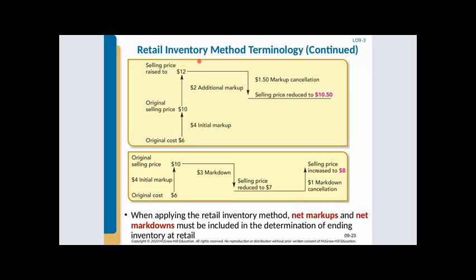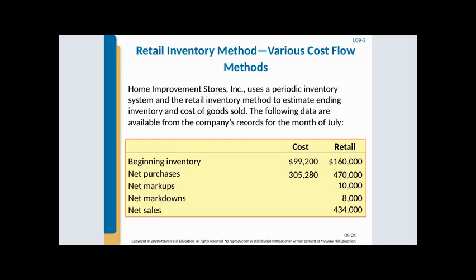Now after Christmas, no one is buying it for $12, so I'm going to have a markup cancellation of $1.50. I can also have a markdown. Markup is when we raise the price; markdown is when we bring that price down.